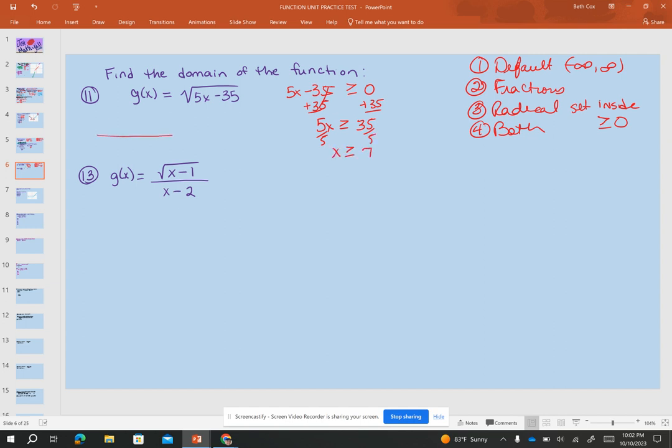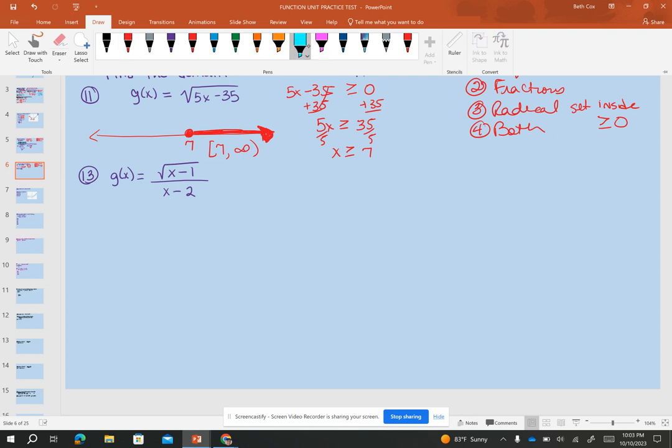So on my number line, my domain is all the numbers that are greater than or equal to 7. So there's 7 and all the numbers greater than 7. There's my domain, and that would be bracket 7, infinity. There it is.